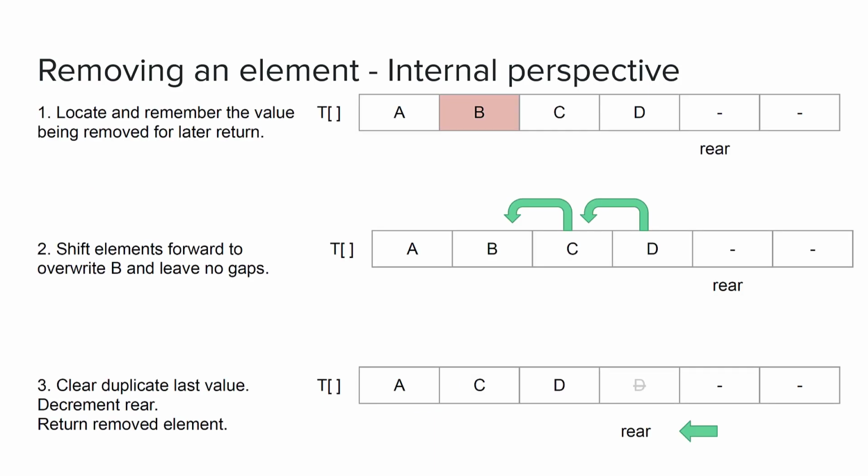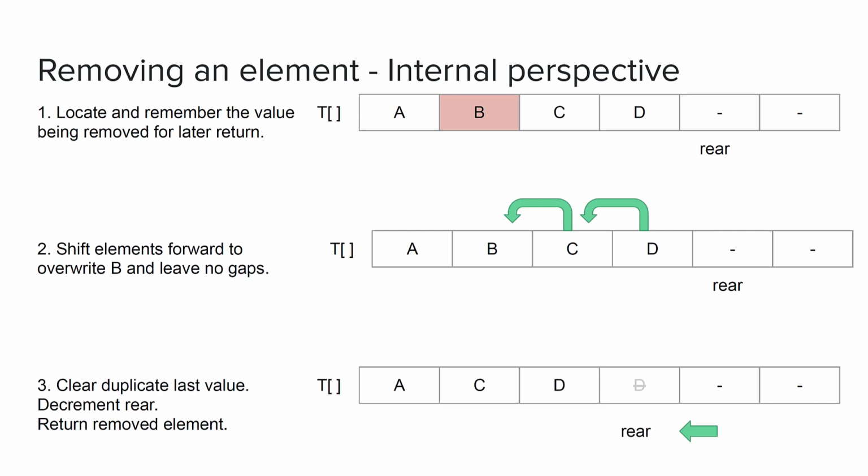In order to make that happen inside the list, we have to take the element that we've located, element B, and remember it because we're supposed to return it at the end. So we locate that element, we remember it in another variable, and in order to close a gap, we have to shift elements again. So all of the elements following B need to be shifted forward by one index position.